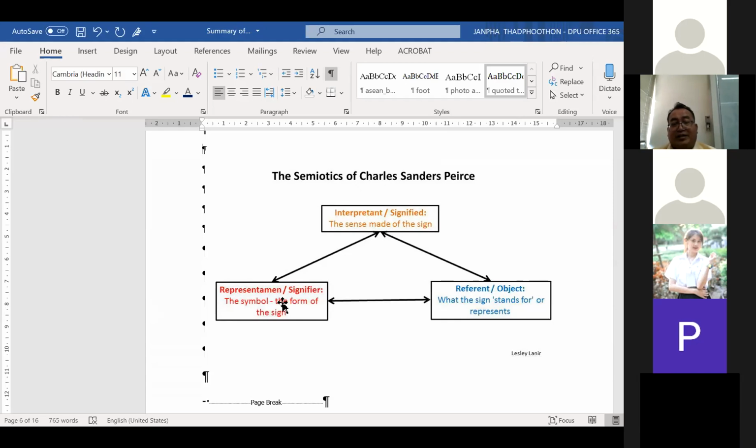Saussure said that you need two things, the signifier and the signified.